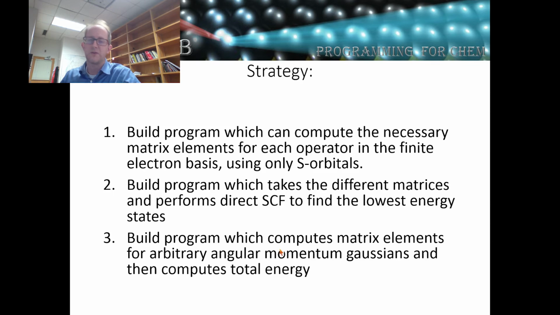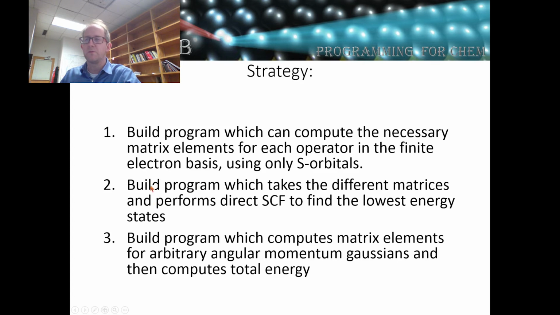Once we have our matrix elements, we're going to write another program or routine that's going to take those matrix elements, the total number of electrons and our basis functions, and it's going to do the self-consistent field method to find the lowest energy states, and then we're going to populate those 2 electrons per orbital. Okay. We'll add those up to get our final total energy.